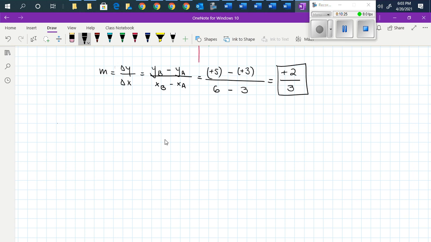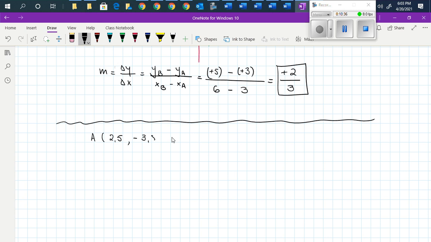So now let's see an example when we have 2 points: point A with coordinates 2.5 as x and negative 3.8 as y, and point B with coordinates 5.3 as x and negative 12.5 as y.